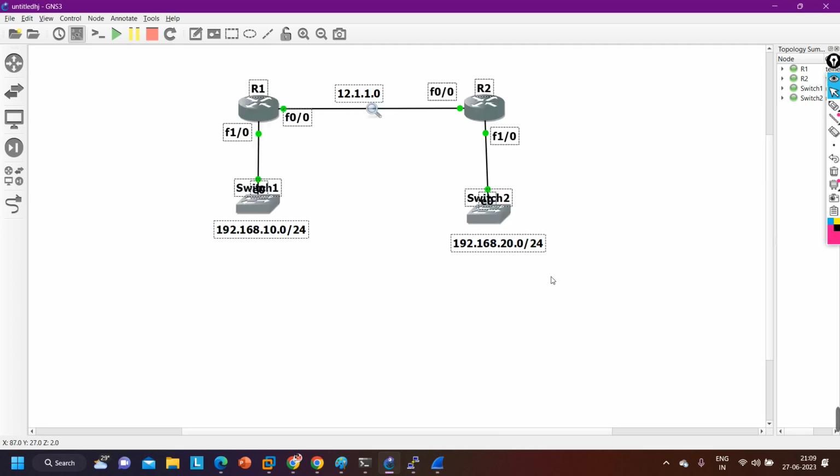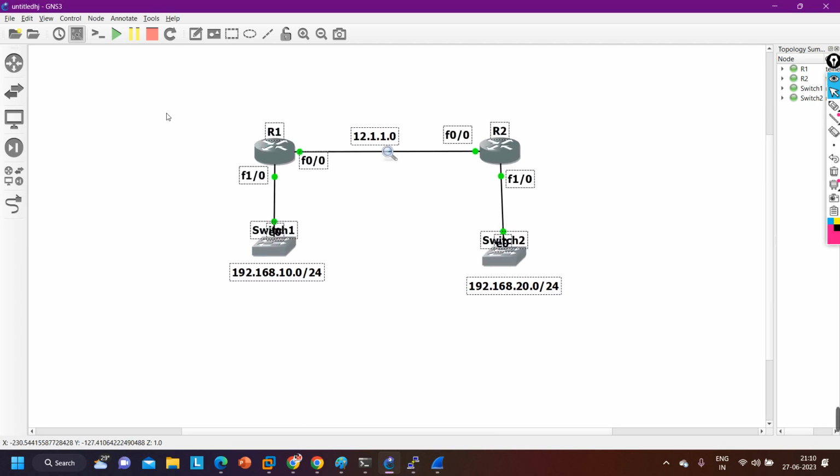Now what I am going to do, on this router I am going to create some loopbacks. You can consider your loopback as a LAN network. Let's say loopback 1 is 10.1.1.1, loopback 2 is 10.1.2.1. Let me copy it and paste it over here.